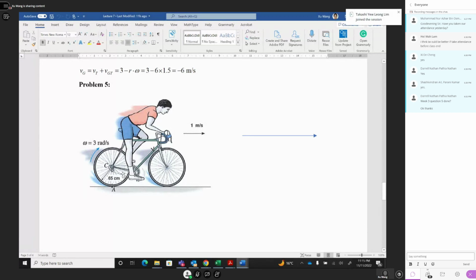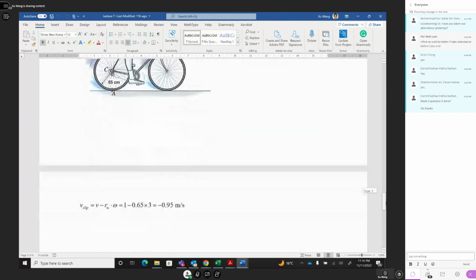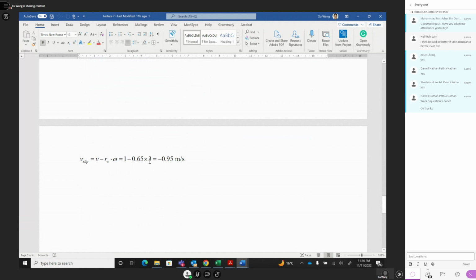Without slip, this speed r omega should be equal to this one. But there is a difference, so it equals 1 minus r times omega, and you get your slip speed. That's your slipping speed, equal to minus 0.95.